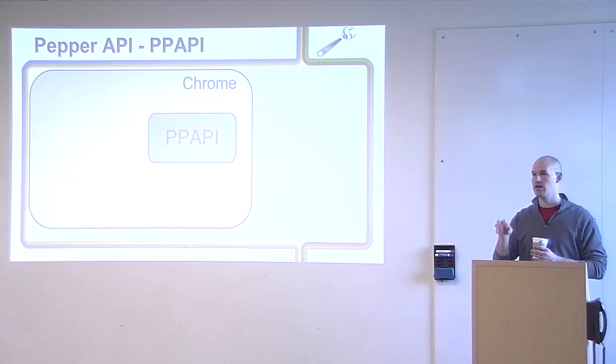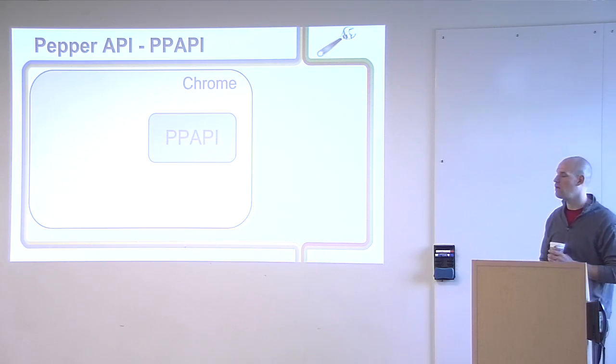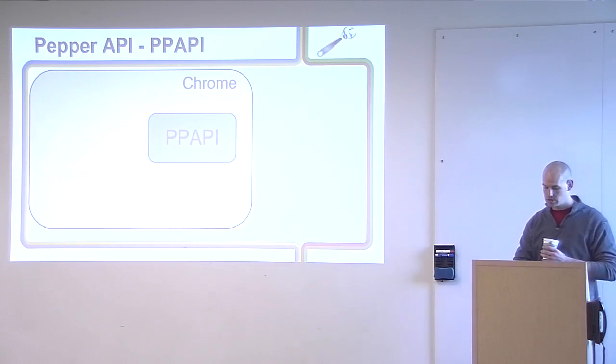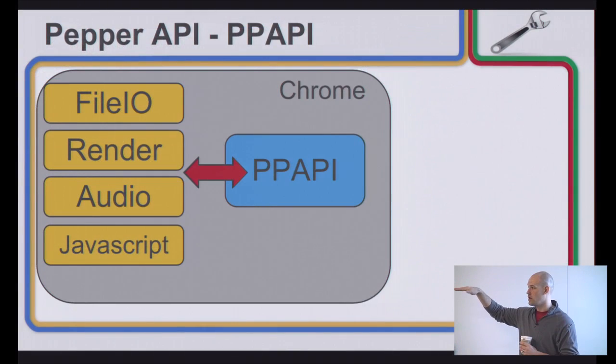Well, the problem was that at its heyday, this NPAPI architecture was actually the number one problem of malware and bugs in the environment. So Chrome went ahead and said, we're going to support NPAPI, but we want to create a safer version so that we don't have to worry about all these sort of pop-ups and spyware and malware. So we created what we call the Pepper API, or PPAPI, which is a plugin architecture that allows you to target FileIO, rendering, audio, and even have the ability to communicate back to the page that's hosting the plugin through JavaScript post message results.